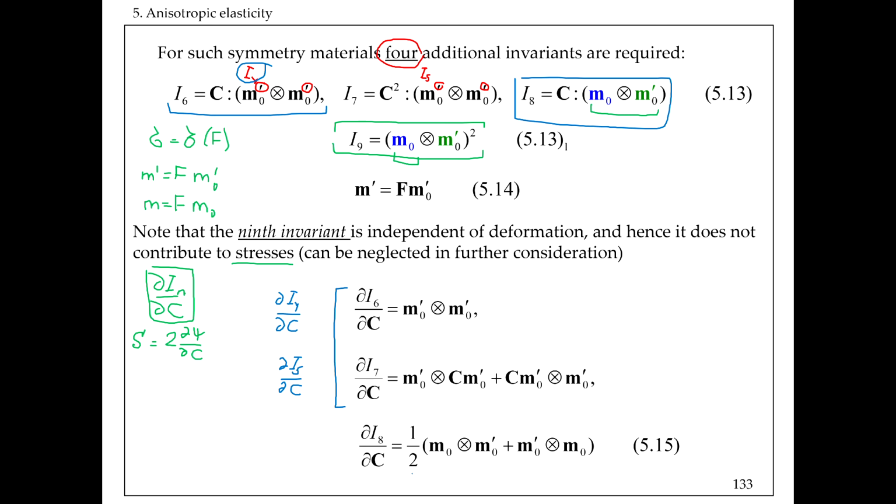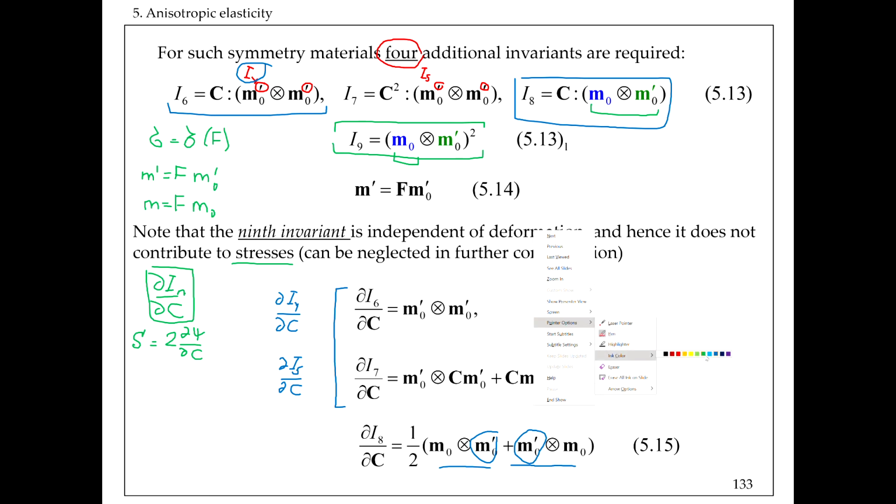What will happen is that we'll have two terms like that, with different order, so the transposed part of this mixed structural tensor, M0 tensor product M0 tag. This is a new one. This is a mixed one. So the second family of fibers and the first family of fibers are mixed here in this mixed structural tensor, right? So the first family of fibers appears here.